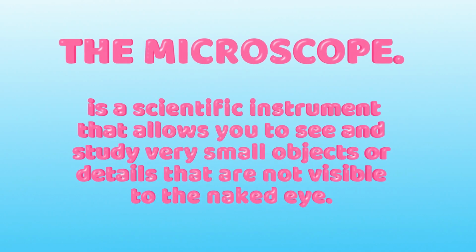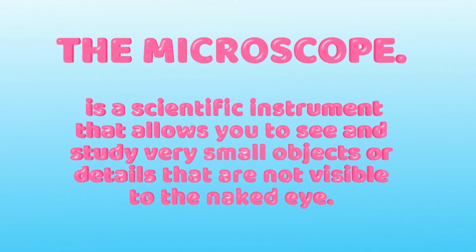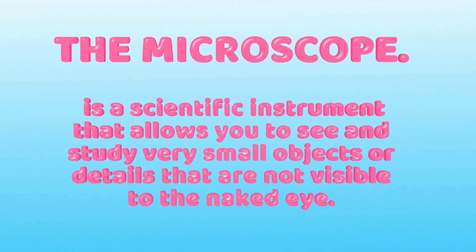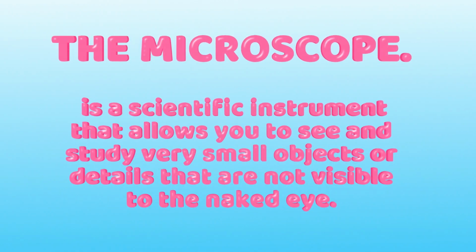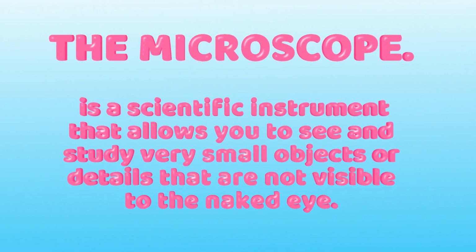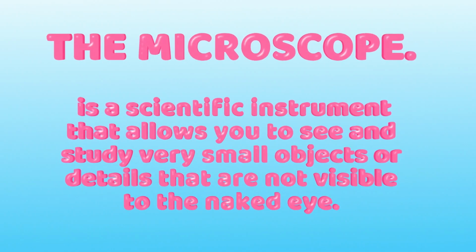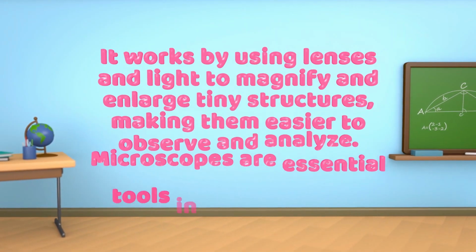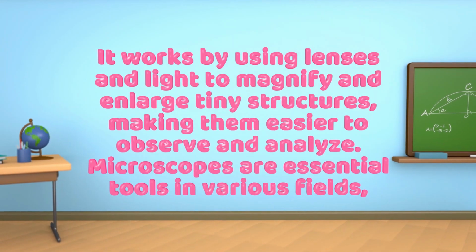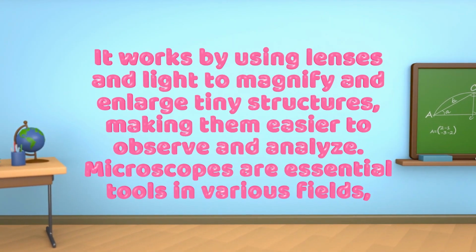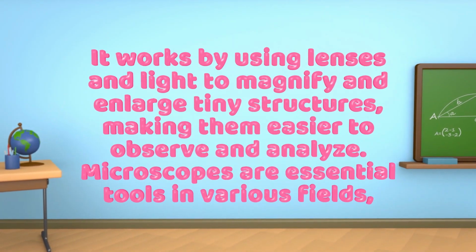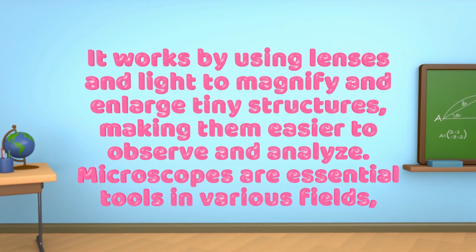A microscope is a scientific instrument that allows you to see and study very small objects or details that are not visible to the naked eye. It works by using lenses and light to magnify and enlarge tiny structures, making them easier to observe and analyze.